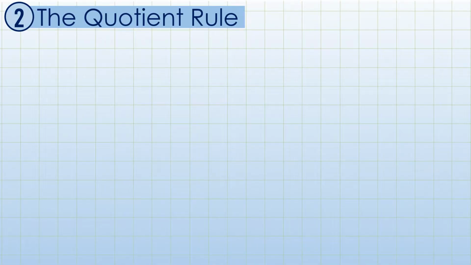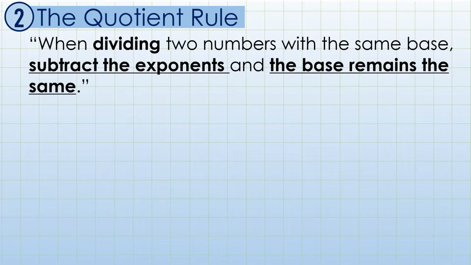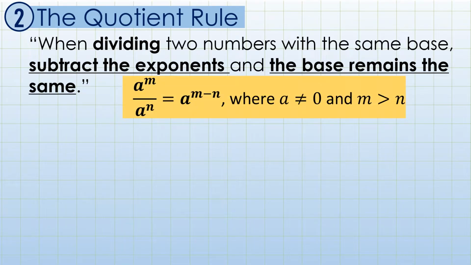Next, the quotient rule. Anong sabi ng quotient rule? When dividing two numbers with the same base, subtract the exponents and the base remains the same. So, ganun pa rin siya. Kapag daw nag-divide ka ng exponential expressions na magkapareho ang base, pwede mong applyan ng quotient rule. Ang gagawin mo lang ay kopyahin yung base, pero this time is-subtract mo.